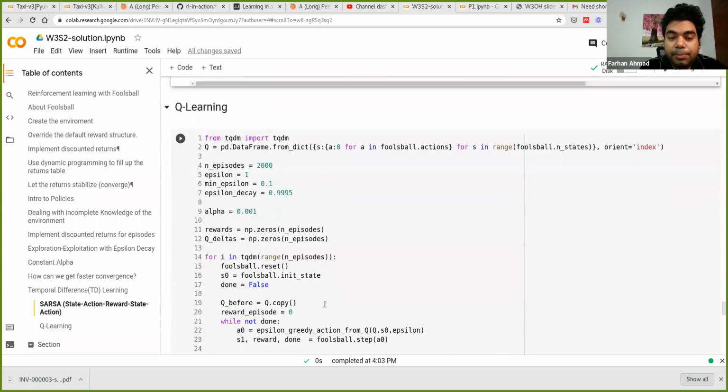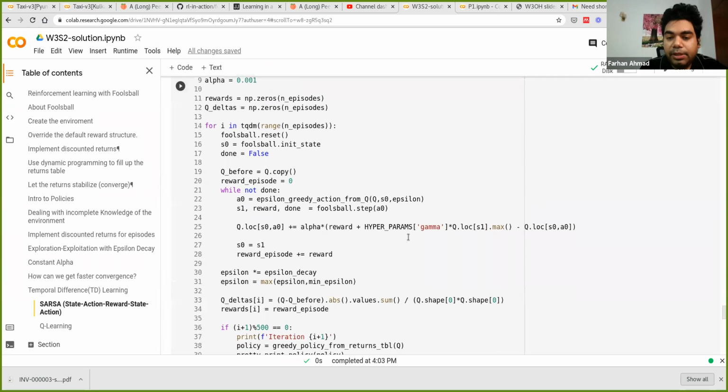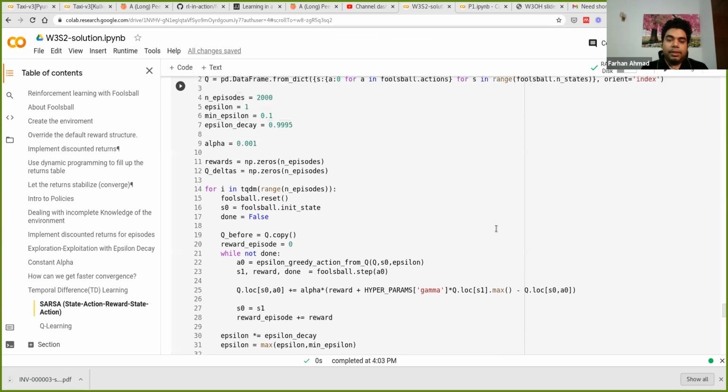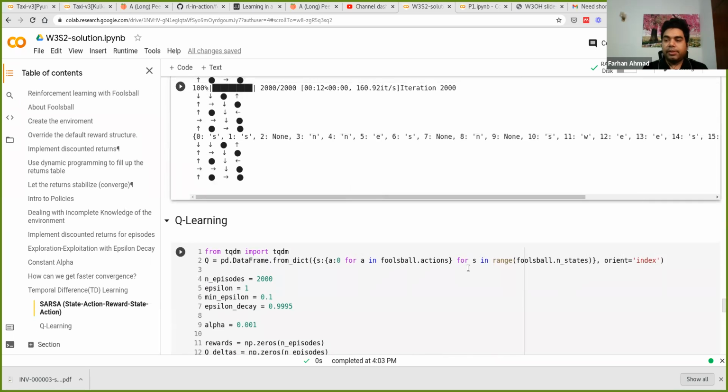We can also implement Q-learning again using the same hyperparameters, but the only difference is now there is no A1 in state one. We just select the action that gives us the maximum return. This is the only difference, and this is why Q-learning is also called off policy, because whether you are using an on policy approach or off policy approach, the first action has to come from the policy that you are selecting.